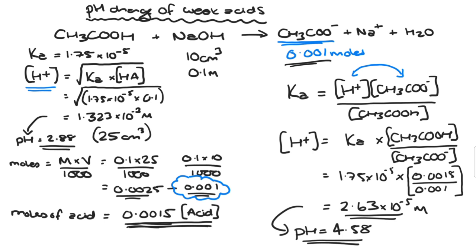In this situation whereby we add some sodium hydroxide, a strong base, to a solution of a weak acid, we've ultimately created a buffer situation. And we will look at buffers in more detail in another couple of clips. But for now, this allows us to calculate pH changes of weak acids, and we've also done previously the pH change of strong acids as well.